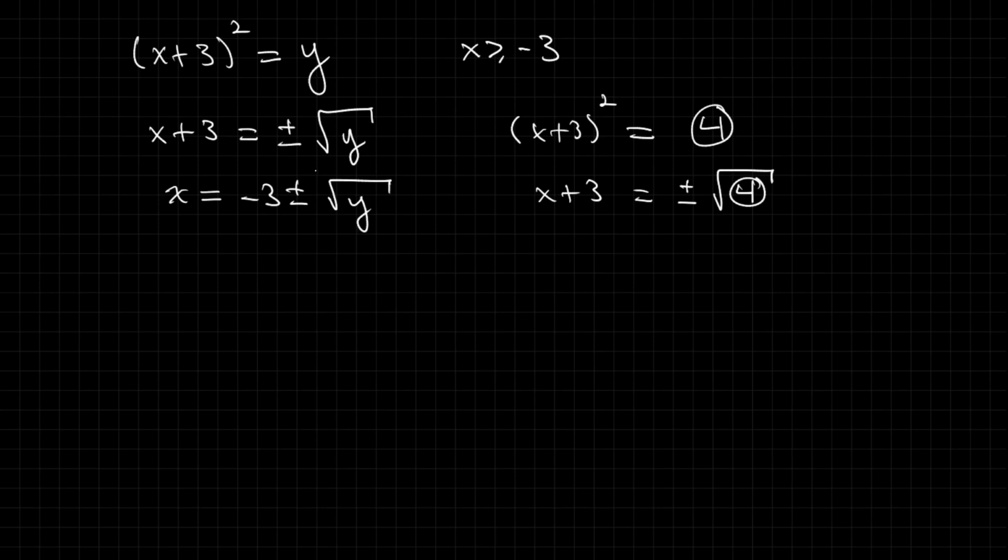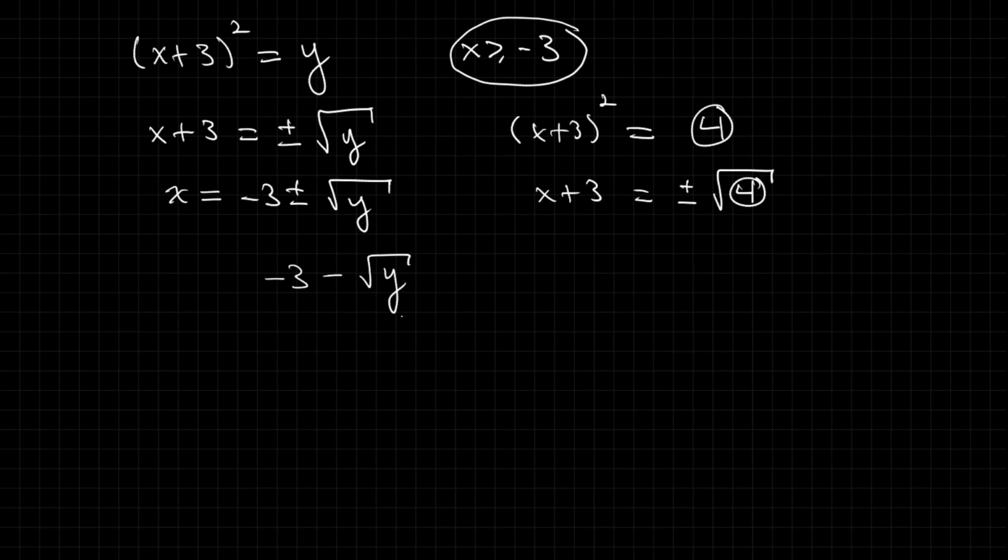Now, just like when you have quadratic equations, when you have a plus or minus, that indicates that there are two answers. Here there will not be two answers, and to eliminate one of the answers, we'll use the domain restriction that x is bigger than or equal to negative 3. So we have that x is equal to negative 3 plus the square root of y and negative 3 minus the square root of y. But if you do negative 3 minus the square root of y, you'll get a number that is less than negative 3.